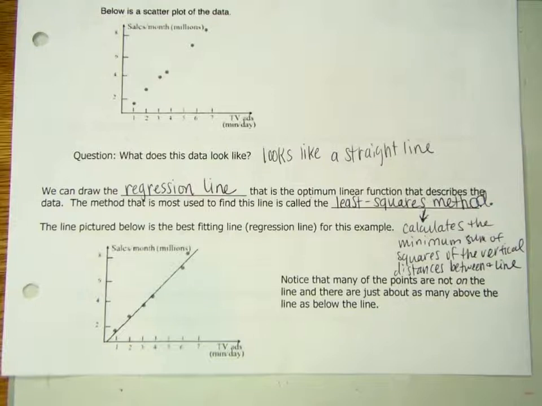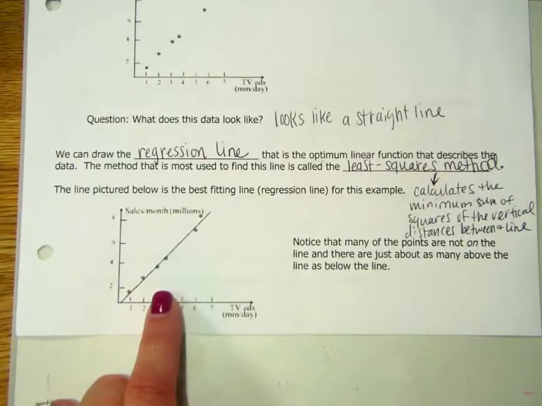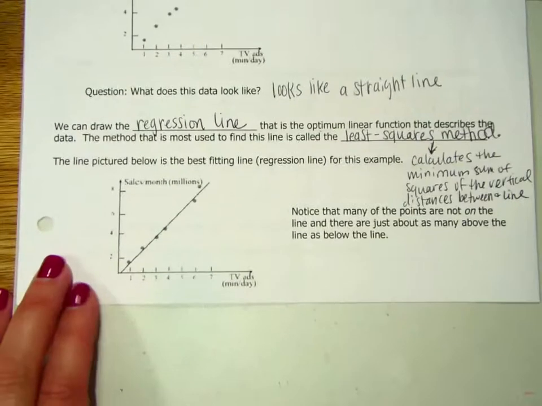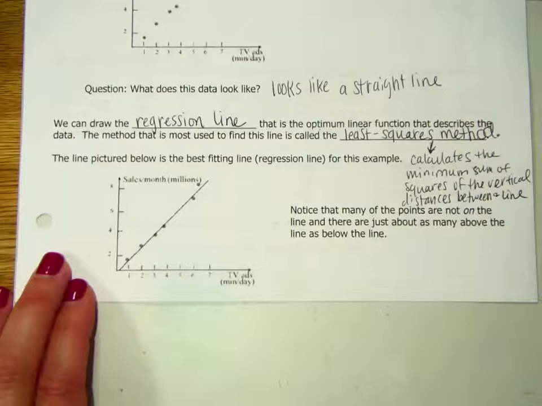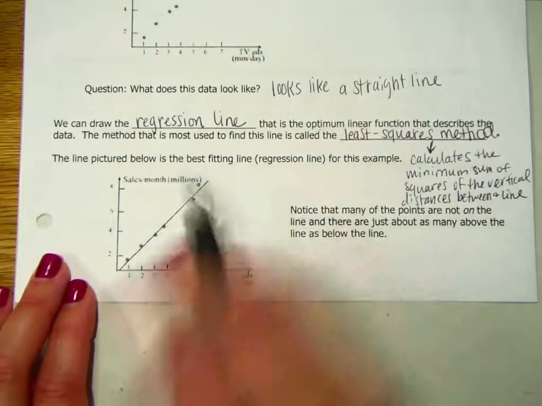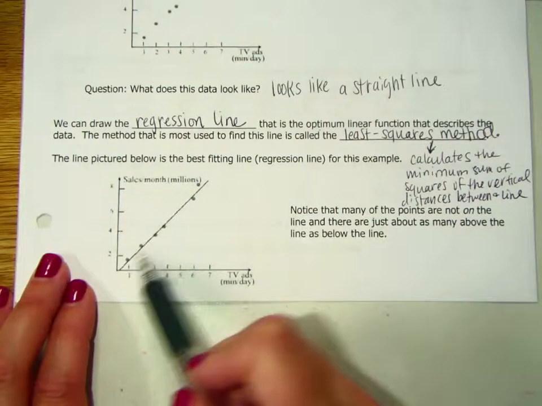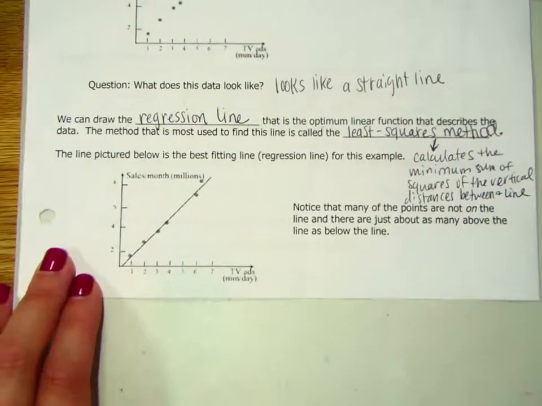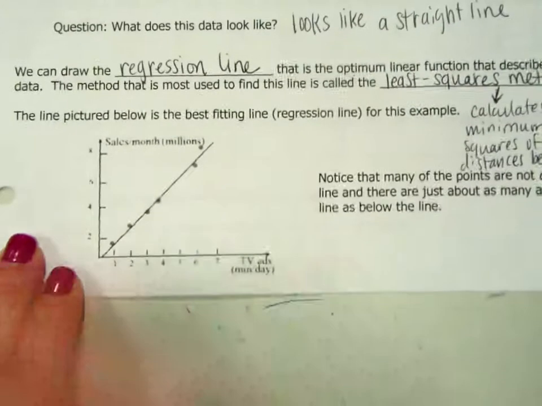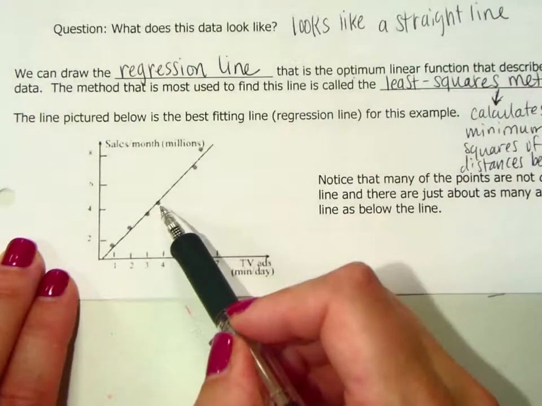All right. So if you look at the next picture, it says the line pictured below is the best fit line, just another word for regression line, for this example. So you can see that it is a straight line, but notice that you have a few points that are above your line. You have a few points that are below your line.